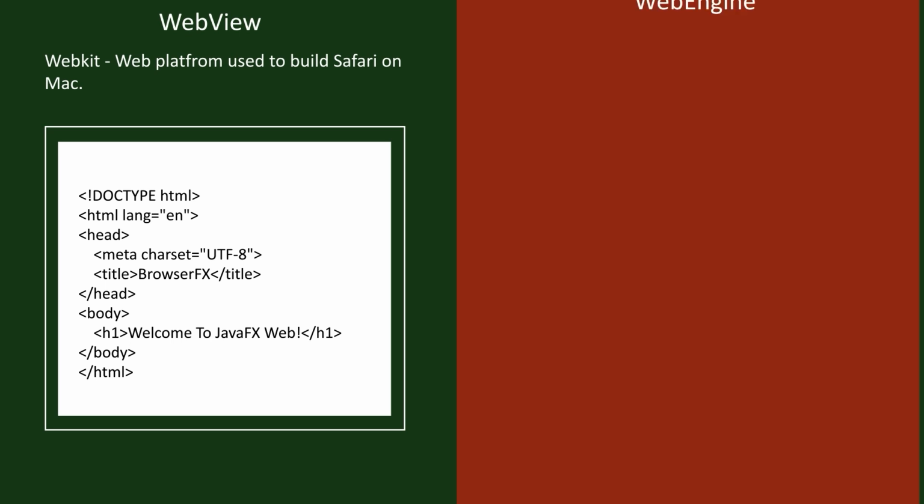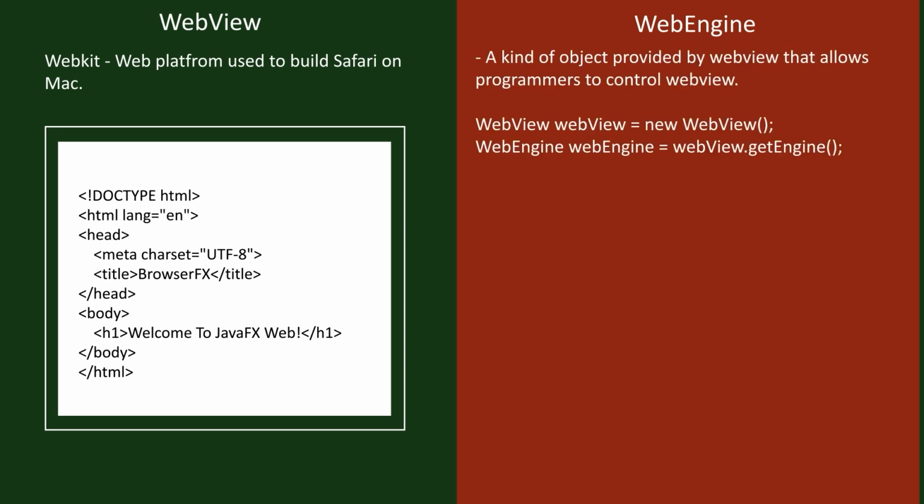But web engine is kind of different. WebView itself, once it is initialized, creates this other object inside called web engine. Web engine is the object that allows us to control what happens with WebView. It is through web engine that we can load web pages from URLs. We can also execute JavaScript, we can handle page load events, and we can interact with the web content programmatically.